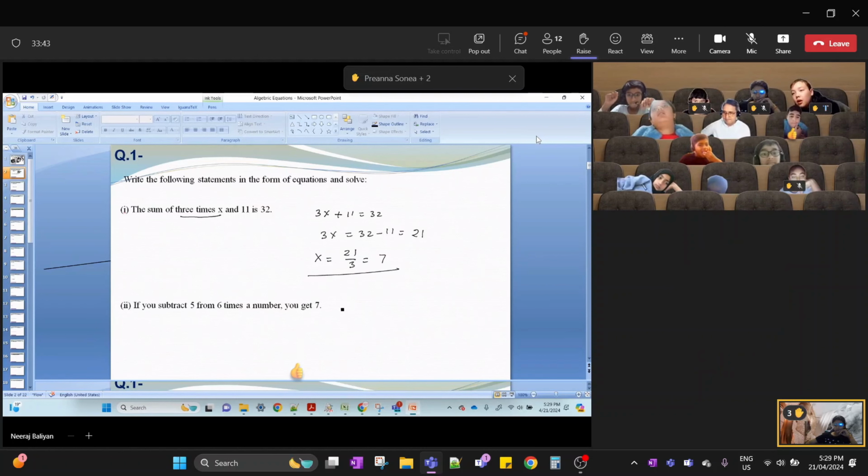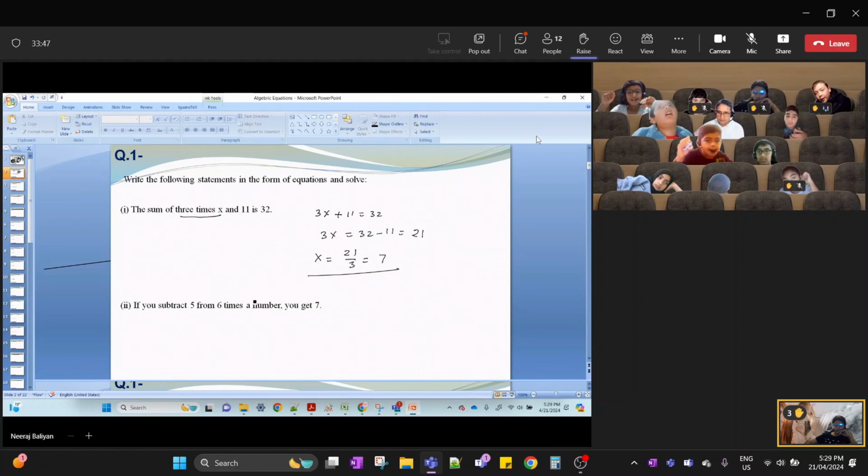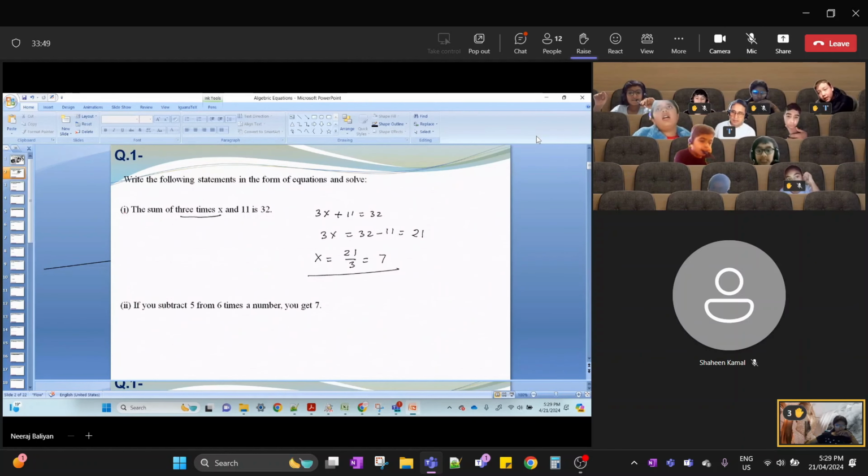If you subtract 5 from 6 times a number, you get 7. Okay. Let us say that number is x, or what variable you want to use for that number? Let us say you want to use c. So what will be the equation?